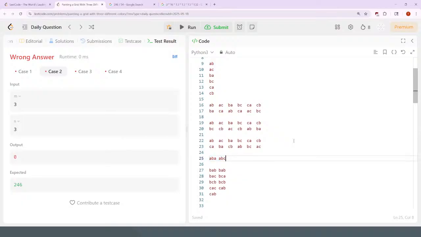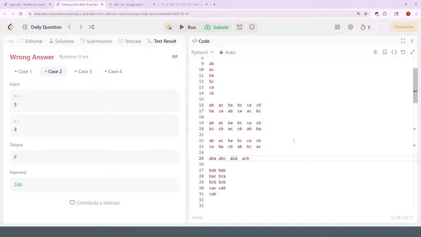So it could also have been AC, ACA, ACB. Yeah, so there's 4 ways there.